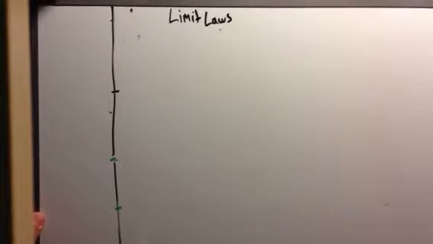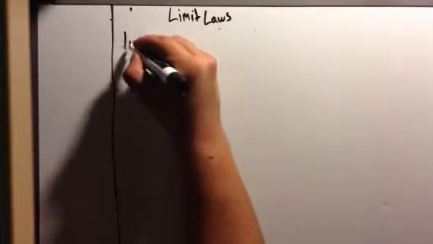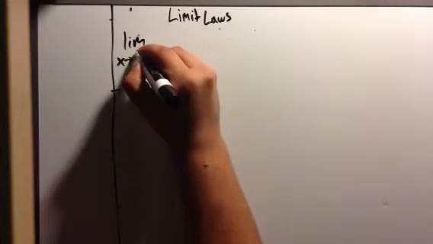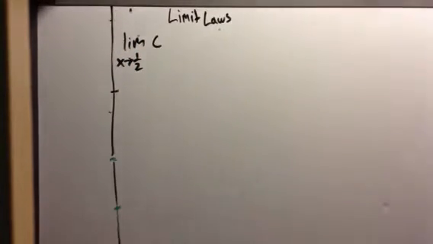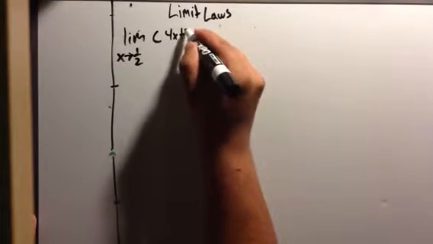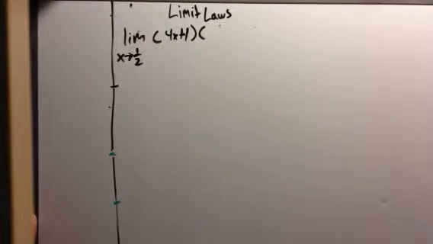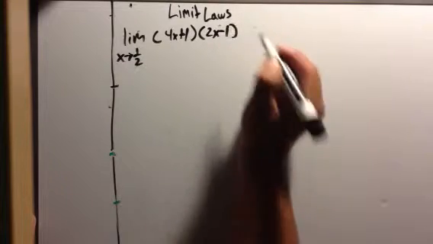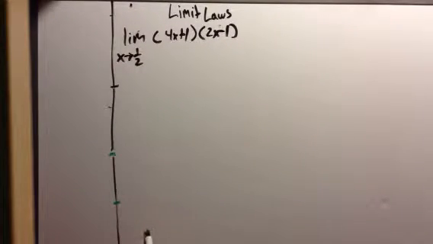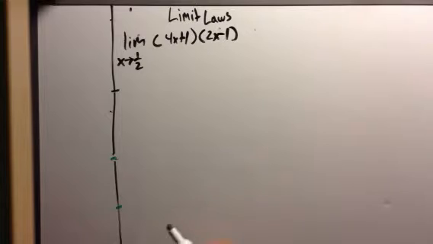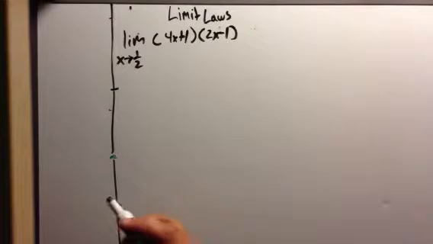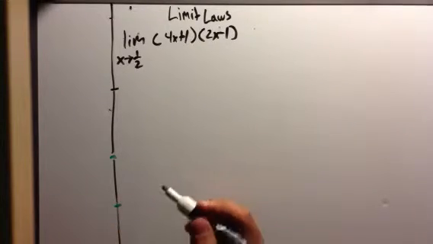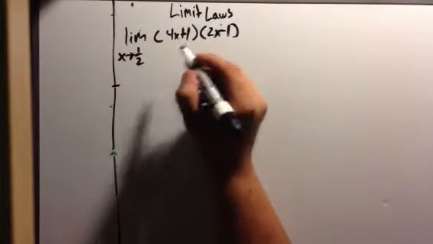Let's do the limit as x goes to 1/2 of 4x plus 1 times 2x minus 1. So let's just evaluate this. I'm just going to break everything up right here and just do it the easy way.